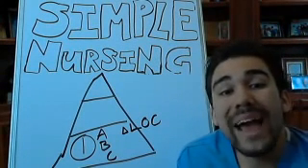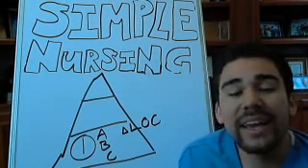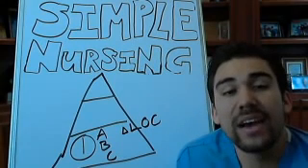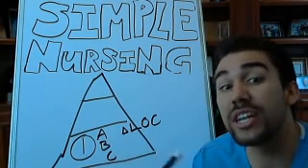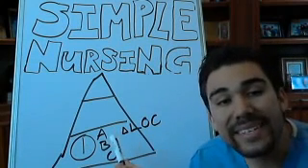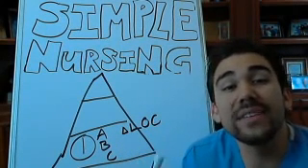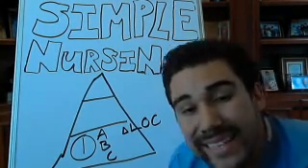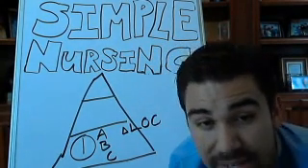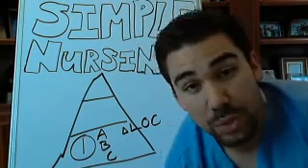In terms of Maslow's hierarchy of needs, pretty much your airway, breathing, circulation comes first. Next is your change in level of consciousness. If your patient becomes altered, this is directly correlated to a safety issue.